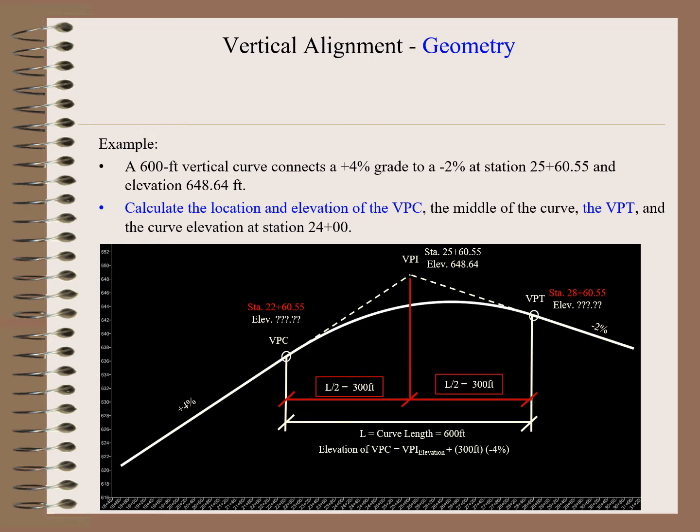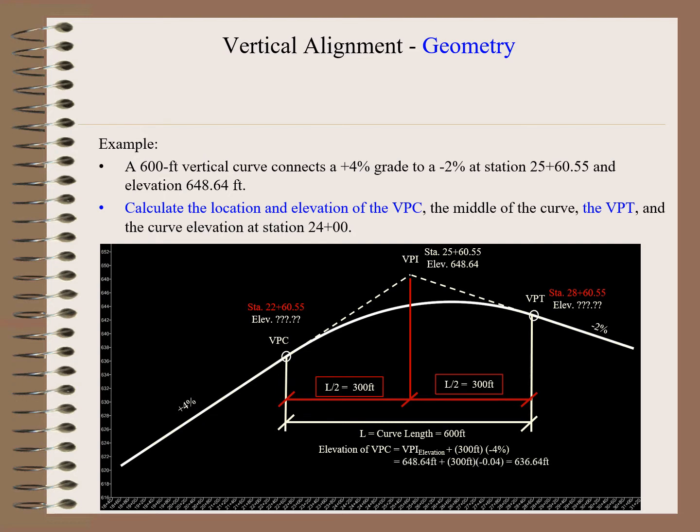Now we're going to calculate the elevation. To do that, we're going to take the elevation of the VPI and go the distance, half the curve length of 300 feet, times each grade. So to get the elevation of the VPC, we're going to use the minus 4% grade times 300, and add that to the VPI elevation.